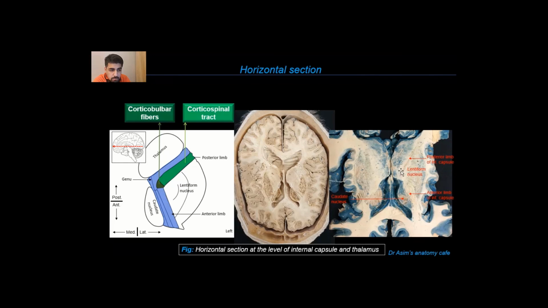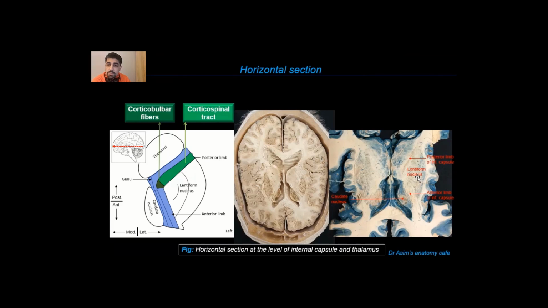The internal capsule, which is basically a white matter tract of fibers, still appears white in the Mulligan stain, whereas the thalamus medially and the head of the caudate nucleus medially are gray tissue masses, so they are now appearing blue in color. You can see the frontal horns of the lateral ventricle very nicely over here. Lateral to the internal capsule, we can appreciate the cone-shaped lentiform nucleus, which is also stained blue over here because this is gray matter.